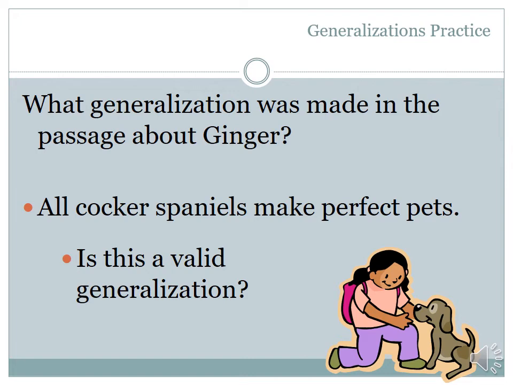Because the word all is one of the words that we need to watch, since it makes a generalization not valid. To make it a valid generalization, we need to substitute the word all with the word some. So we can say that some Cocker Spaniels make perfect pets.